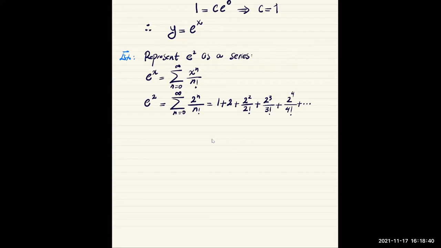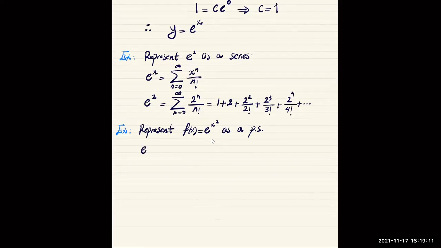For example, let's say you want to represent f of x equal e to the x squared as a power series. And I'll tell you why this is important. So all you have to do is replace x in the power series with x squared.